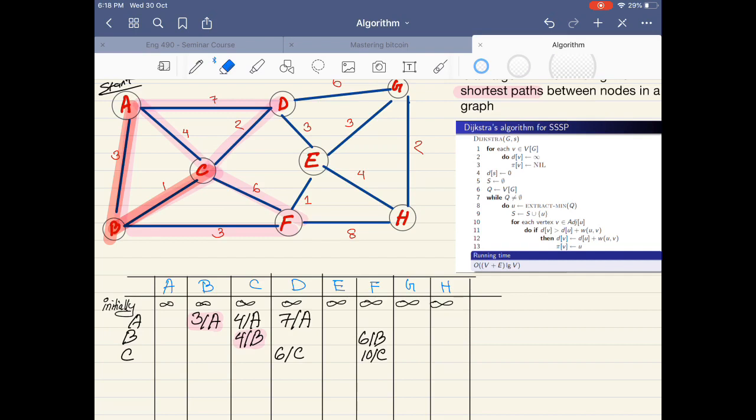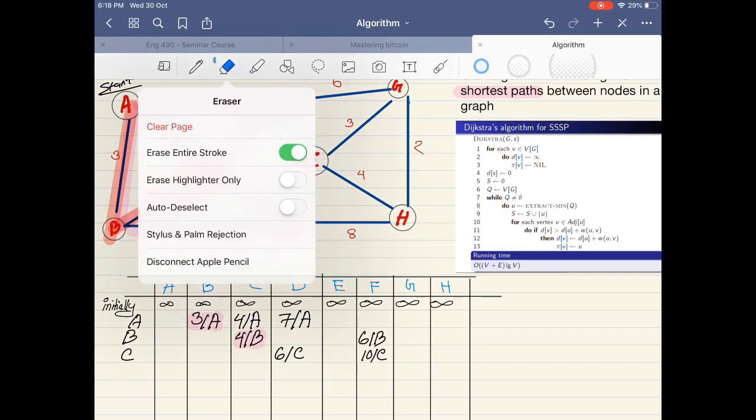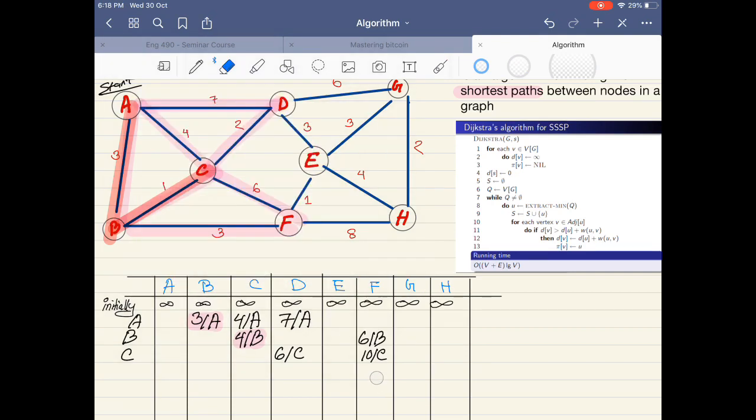However, 10 is much larger than the value that we already had here. So we already had 6, which we can reach from B. However, now we have 10, which we can reach from C, so we are gonna take the smallest path, of course. So we are not going to write 10 C here.